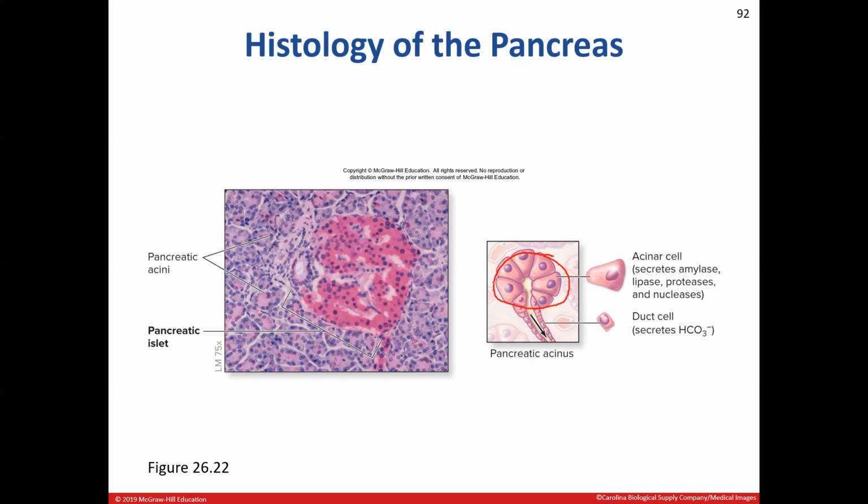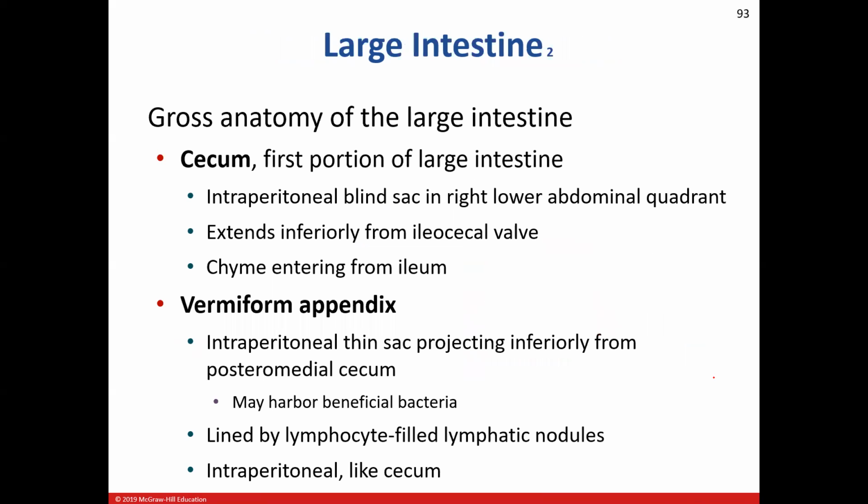And then our duct cells over here are going to produce the bicarbonate, whose molecular formula is HCO3, you should know that. That is going to help to buffer, or increase, the pH value of the stomach chyme.